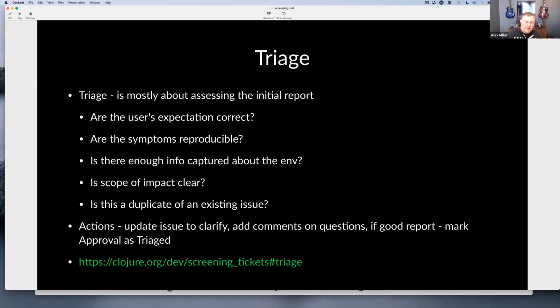And then, is this a duplicate? There definitely are duplicates in the system. It is one of those things where sometimes, until you have identified the actual problem, it's hard to tell which tickets are duplicates.